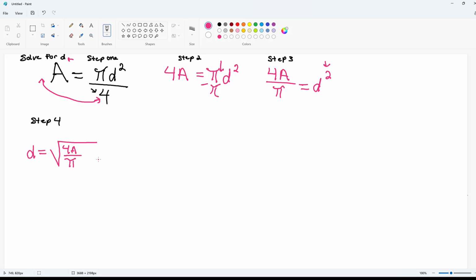You don't want the whole fraction squared, okay? Because D is not going to equal the entire fraction squared. D is only going to equal the numerator squared. So your step 5, and we're going to break these steps up so you won't confuse them.